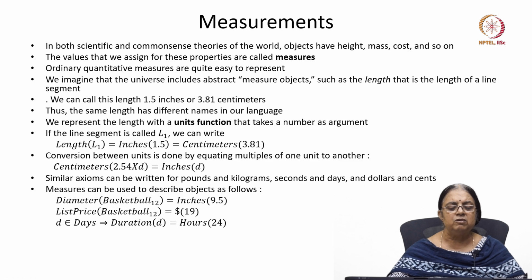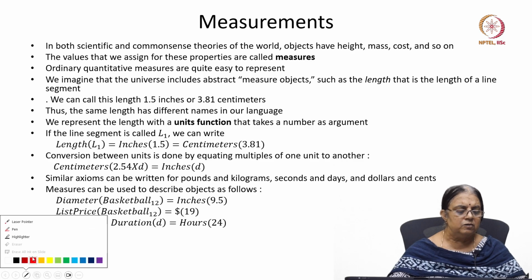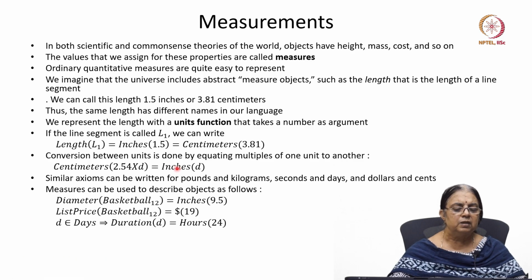Usually it's represented like this: inches 1.5, centimeters 3.81, length of L1 equal to that. And conversion can also be represented in this way: if we take inches D, centimeters will be 2.54 into D.